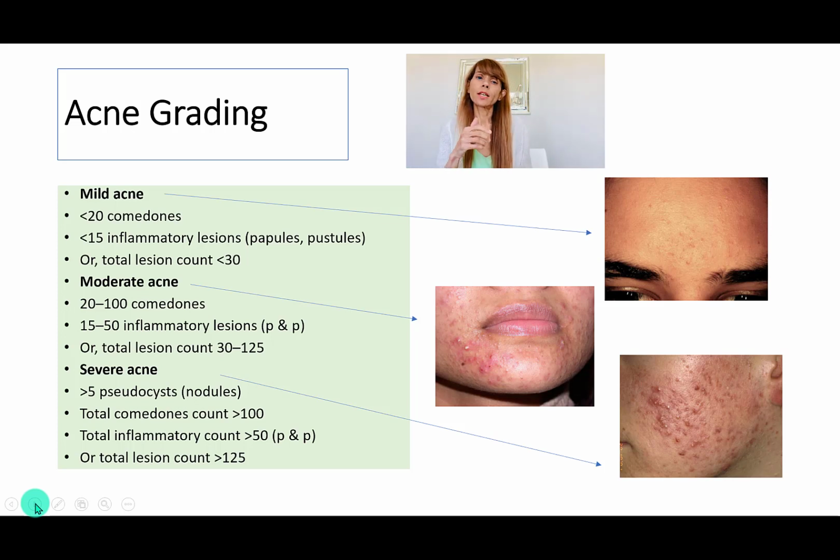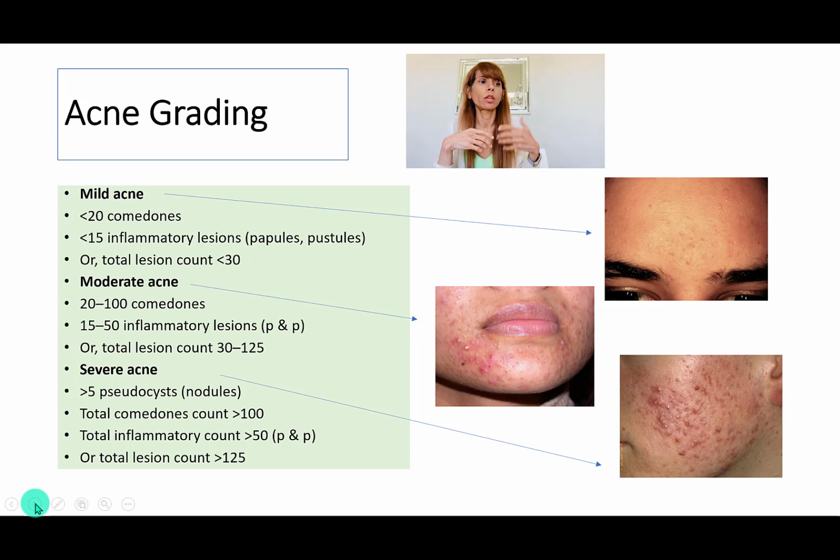Grading of acne is done based upon the lesions. So basically this slide is showing different degrees of lesions. Starting from mild acne, where there are less than 20 comedones and less than 15 inflammatory lesions, and total less than 30, we call it mild, and then we can progressively increase the severity.